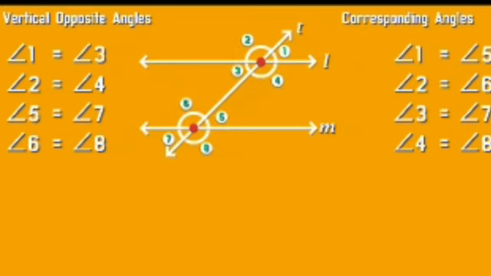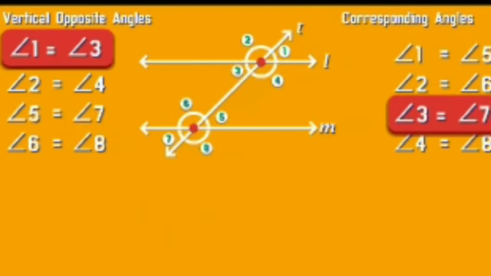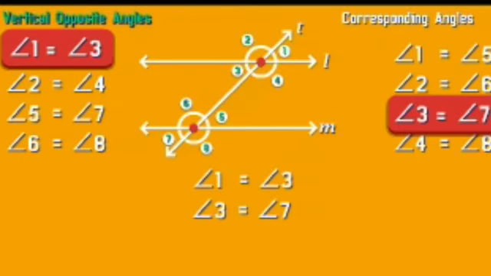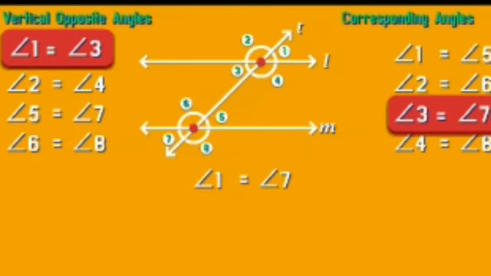Now observe these two conditions here. It shows that angle 1 is equal to angle 3 as these are vertically opposite angles, and angle 3 is equal to angle 7 as these are corresponding angles, which concludes that angle 1 is equal to angle 7.